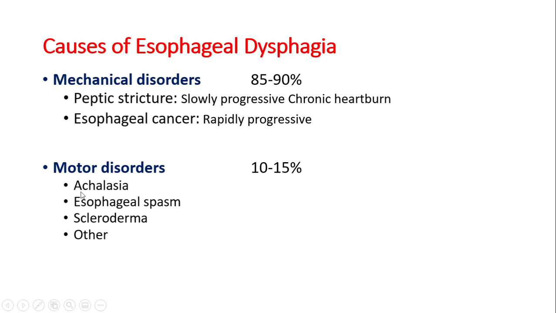Motor disorders include achalasia or cardiospasm, esophageal spasm or diffuse esophageal spasm, scleroderma, or multiple sclerosis. Scleroderma is an autoimmune disease of the connective tissue.